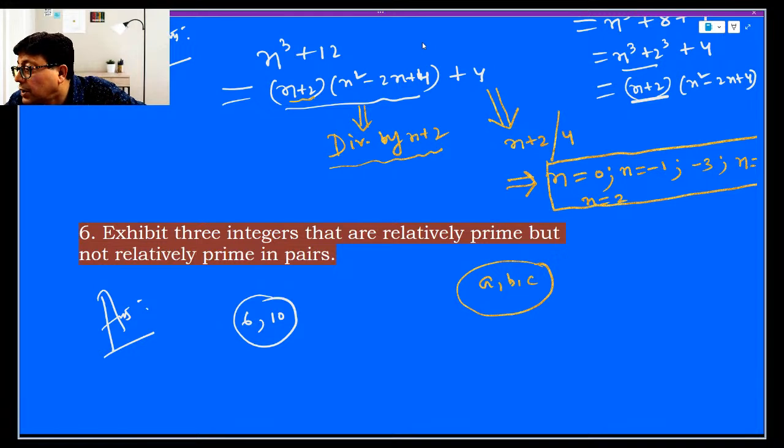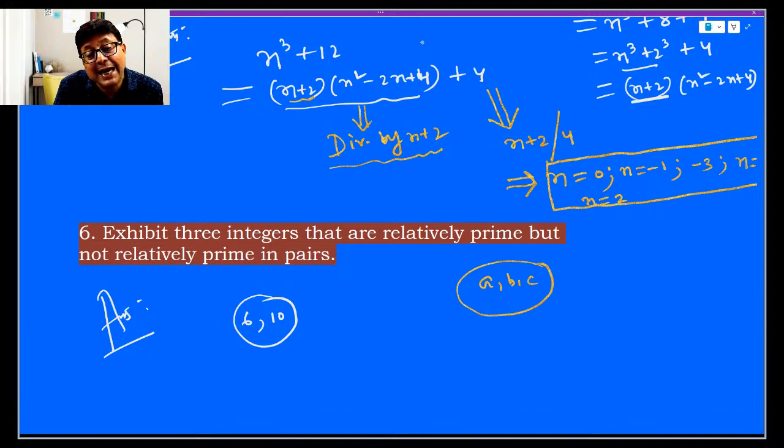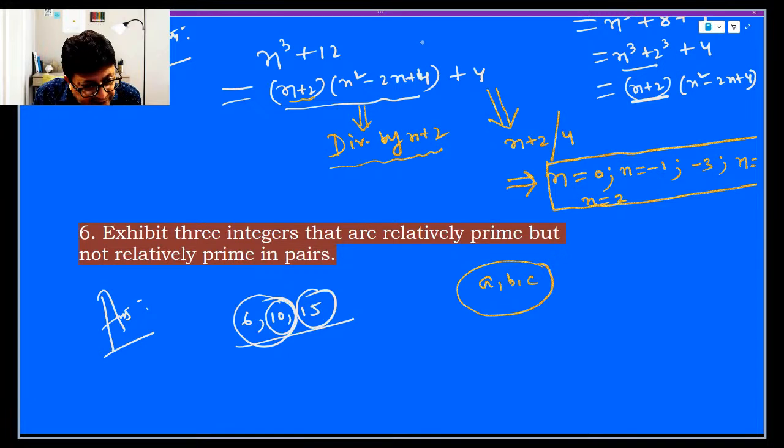Now, if the common factor is 2, then take another number where there is a factor with 6 and 10 both. 6, 10 and 15. So we are taking 15. In my mind it was playing at 15. 6 and 10 have a common factor 2. 10 and 15 have a common factor 5. 6 and 15 have a common factor 3. But 6, 10 and 15 are relatively prime. I mean, all three integers don't have a common factor.